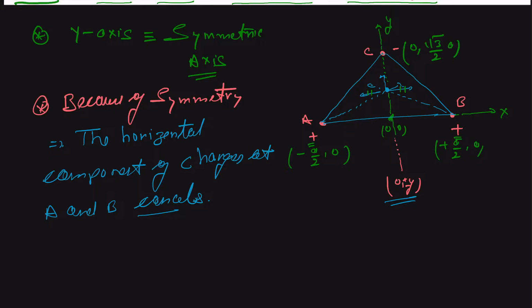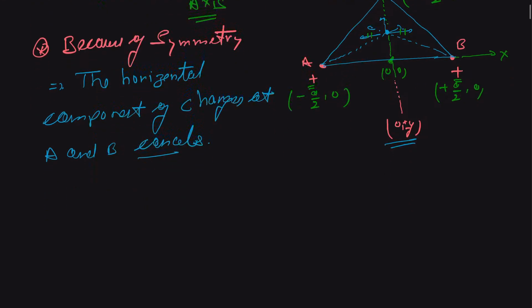Okay. So this is the first condition, and if the horizontal components are balanced out or cancel, the only component that will be left will be our vertical component, that is our y direction.